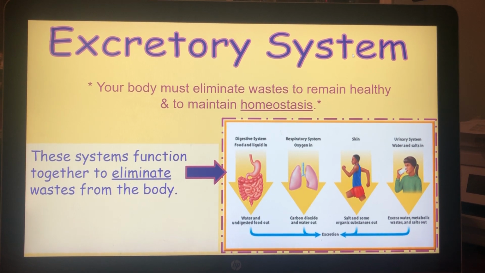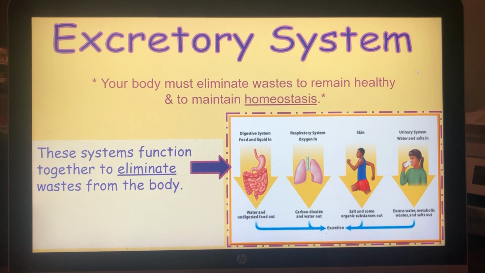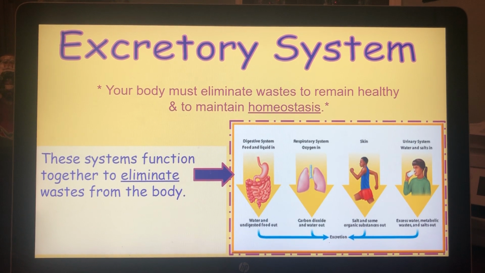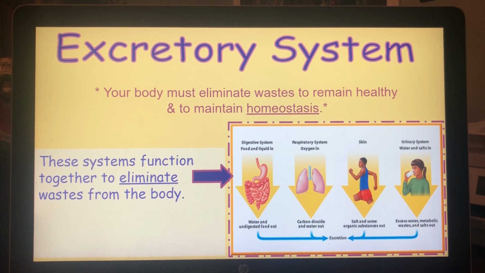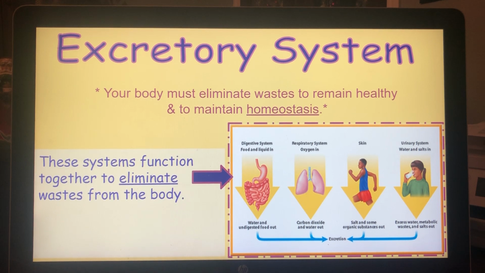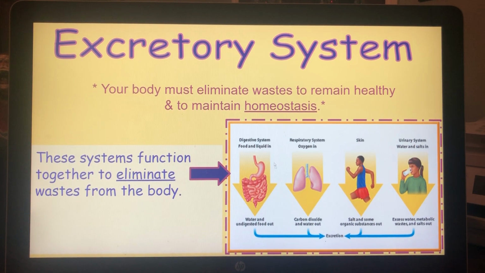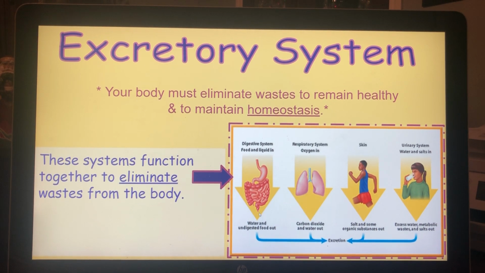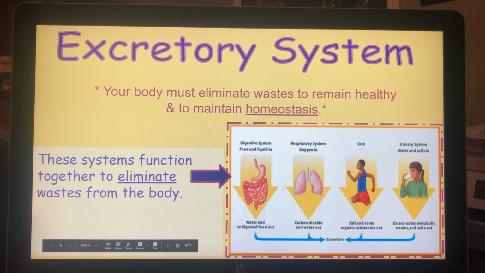Okay, the excretory system. Your body must eliminate waste to remain healthy and to maintain homeostasis. Remember, homeostasis is the body's ability to internally maintain balance and maintain an equilibrium. These systems function together to eliminate waste from the body. The digestive system eliminates solid waste, that is water and undigested food, and it leaves the body.